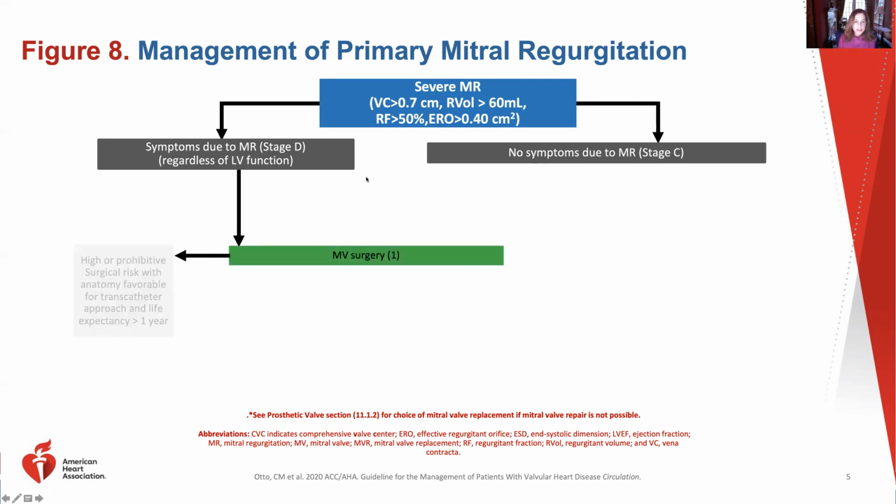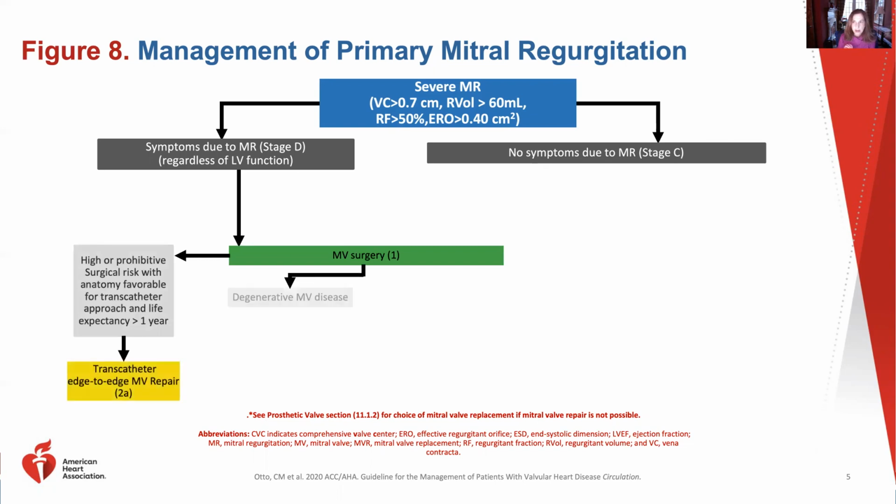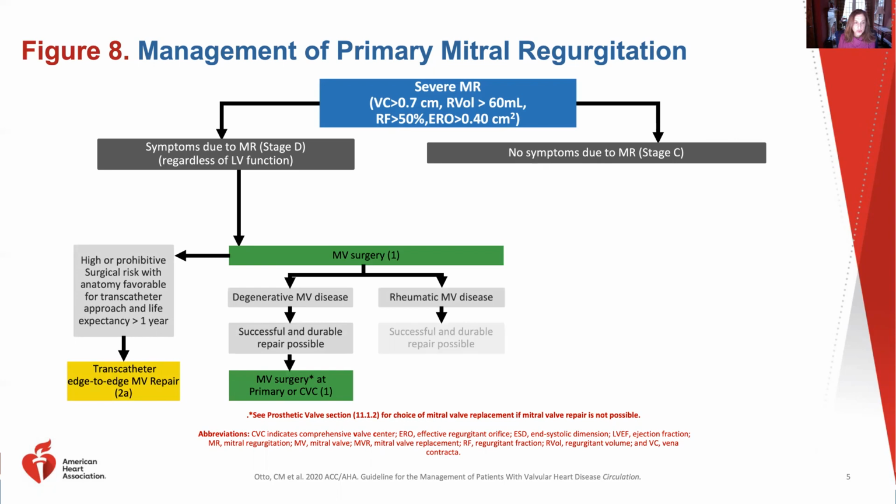If the patient is symptomatic, then the treatment of choice is mitral valve surgery, or if the individual is of prohibitive risk for surgery, then they qualify for a transcatheter edge-to-edge mitral valve repair, assuming, of course, that the anatomy is suitable.